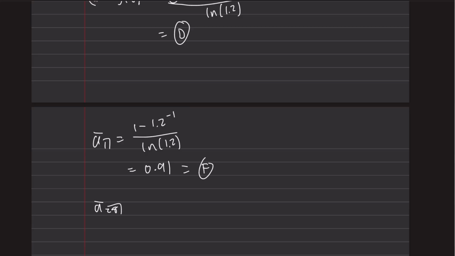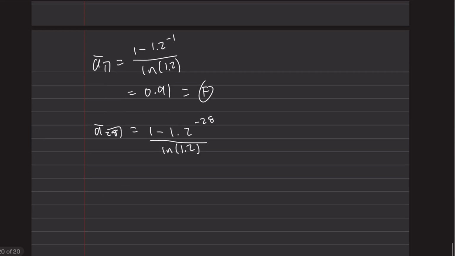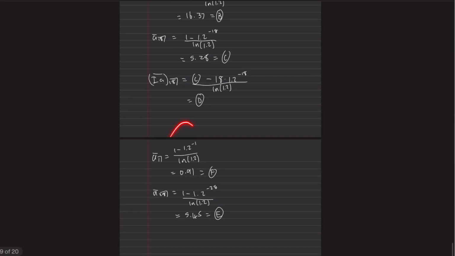That is going to be 1 minus 1.2 to the negative 28 over ln of 1.2. And that is going to give us 5.45, which we will store as E. Okay, so these are all just pretty simple calculations, kind of just using the formulas.